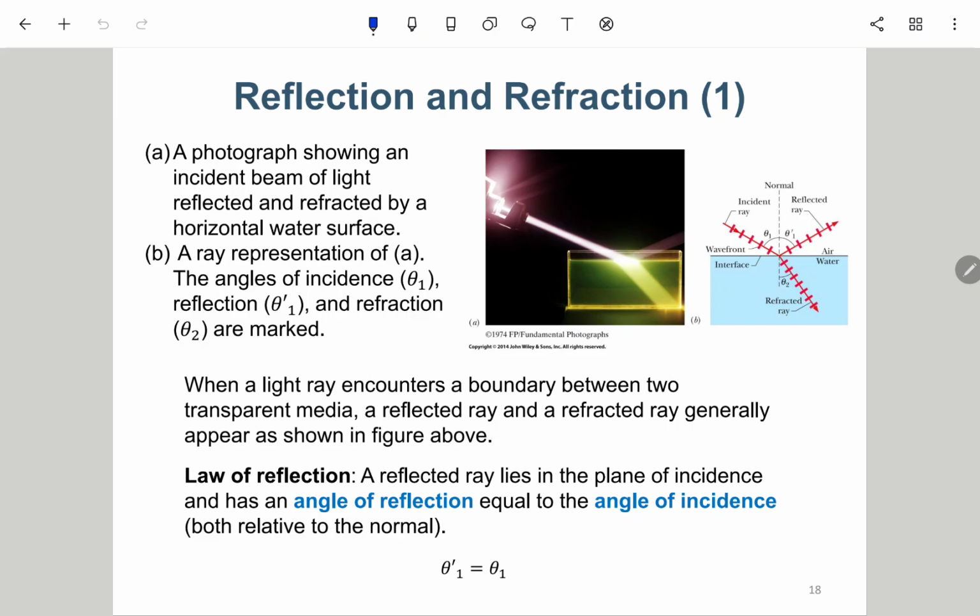Here we talk about reflection and refraction. I suppose in high school physics you should have learned these fundamental optics. Reflection and refraction. For reflection, it should satisfy the law of reflection, which means the angle of reflection equals the angle of incidence, so theta 1 prime equals theta 1.